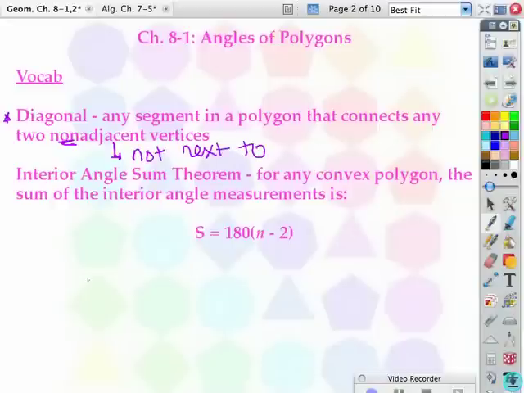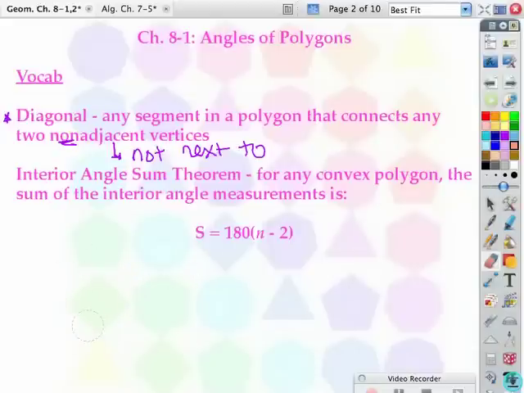If you look in the background at this shape, these two vertices are non-adjacent as well as those two. However, the orange here and the purple here are considered adjacent. So if I wanted to draw a diagonal, I would connect those non-adjacent vertices.